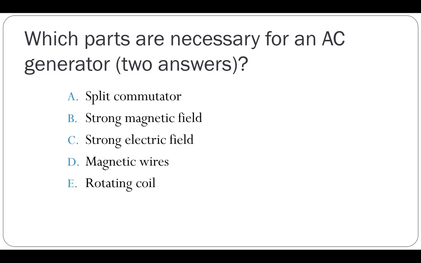Okay, everyone's answered. Our answers we got were 7, 4, 0, 5, 3. Okay, split commutator. What's the point of a split commutator? To make it DC. So clearly that's not necessary to make it AC.